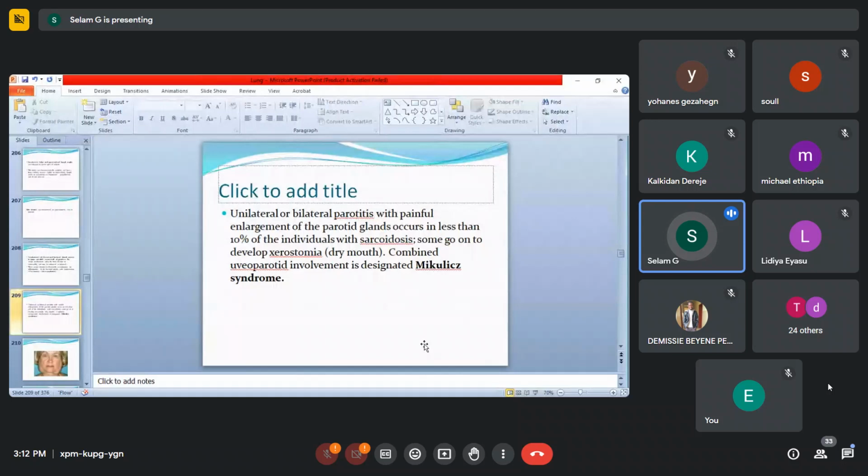Unilateral or bilateral enlargement of the parotid, or parotitis, with painful enlargement of the parotid gland occurs in 10% of individuals with sarcoidosis. Some go on to develop xerostomia or dry mouth because of inability to produce saliva. The combination of uveal and parotid involvement, or uveitis and parotitis, is designated as Mikulicz syndrome.